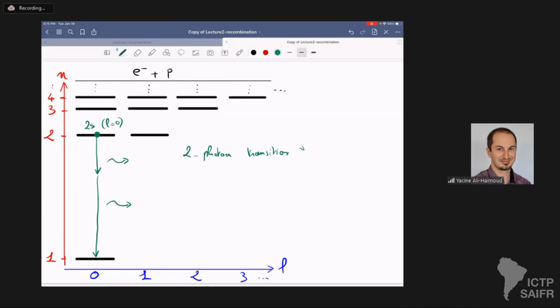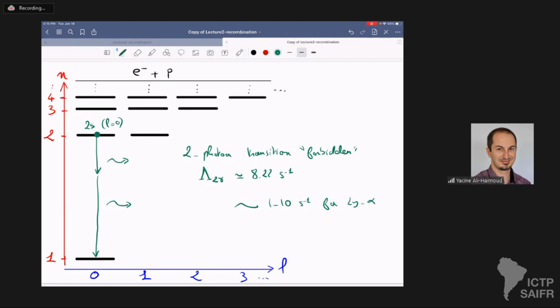Sometimes it's called forbidden in the sense that it's second order. So it's a much suppressed rate. And it has a rate of 8.22 per second. So relative to the 10 to the 8 per second, this is very small, but this is actually comparable to the 1 to 10 per second for the Lyman alpha transition.